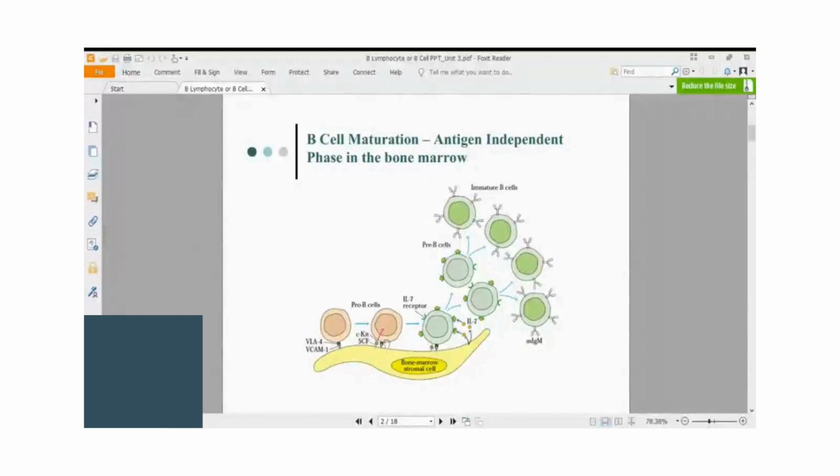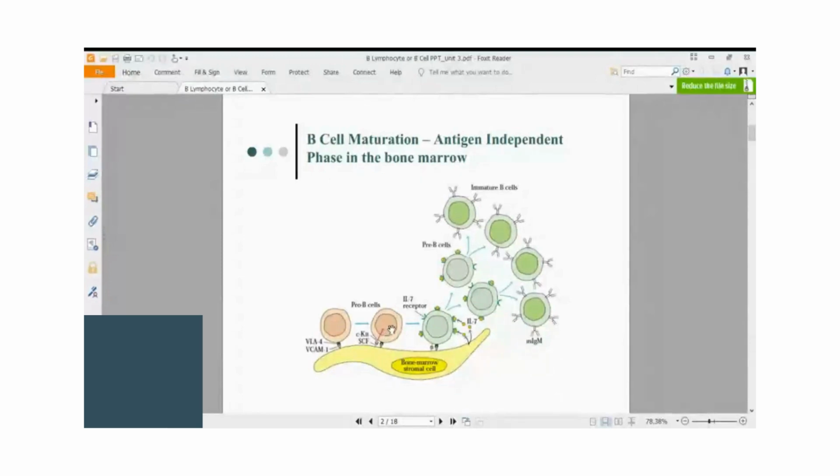Here, two different types of cells, the pro-B cell and the bone marrow stromal cell, have established the synapse through the two receptor contacts. Once this synapse is established, the pro-B cell expresses the gene for a cytokine receptor, because I already told you c-KIT is the major gene for expression of cytokine receptors.